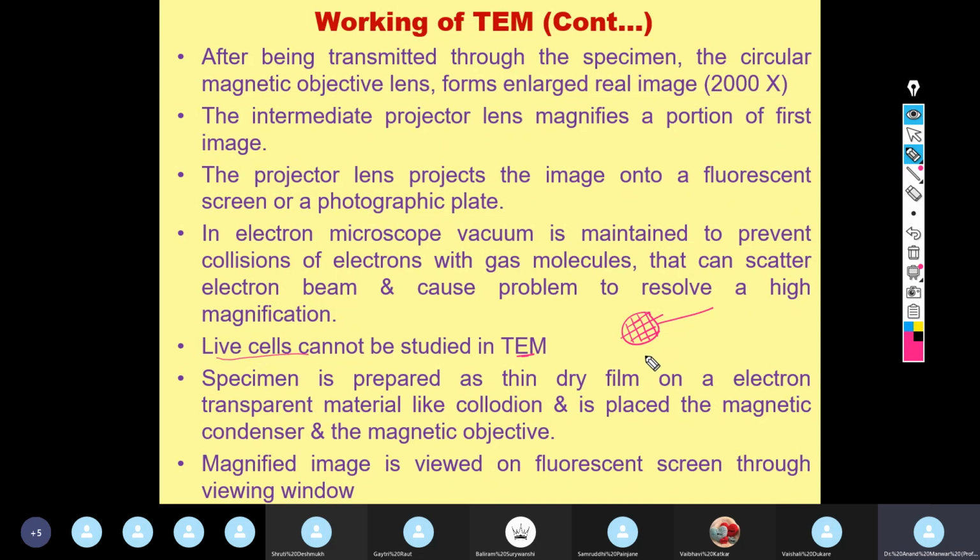It is placed on the holder, and the holder is inserted within the column which is under vacuum. As soon as you insert it, it will be airtight. But it needs to be electron transparent. Then it will be projected. So like this it will work out.